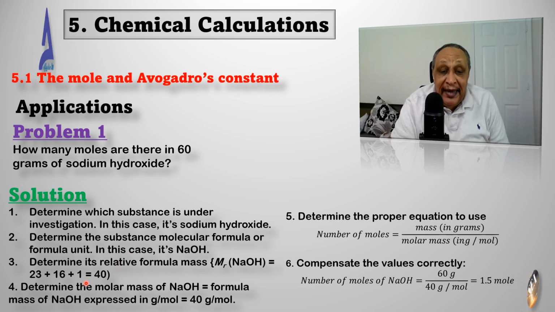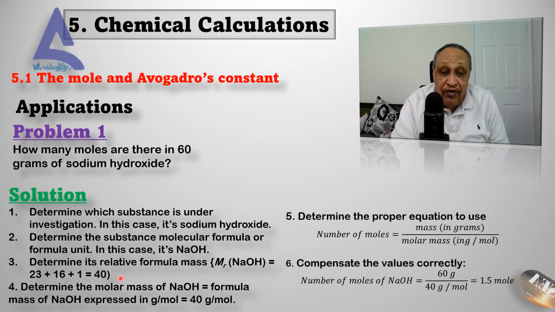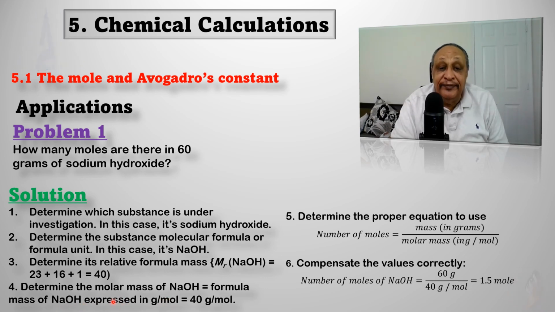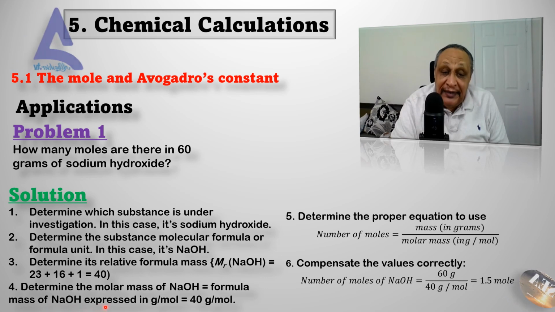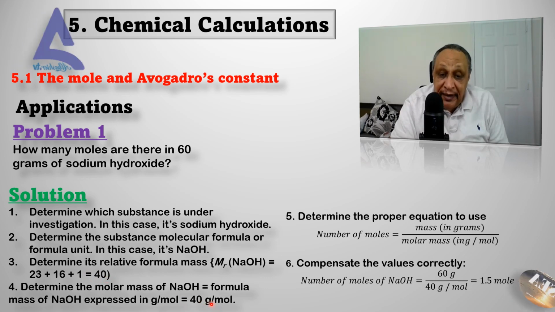Now, when I come out with the formula mass, directly when I express this formula mass in grams, I will have the formula mass of the sodium hydroxide. So determine the molar mass of sodium hydroxide, equal to the formula mass of sodium hydroxide expressed in gram per mole. So here it is 40 gram per mole.